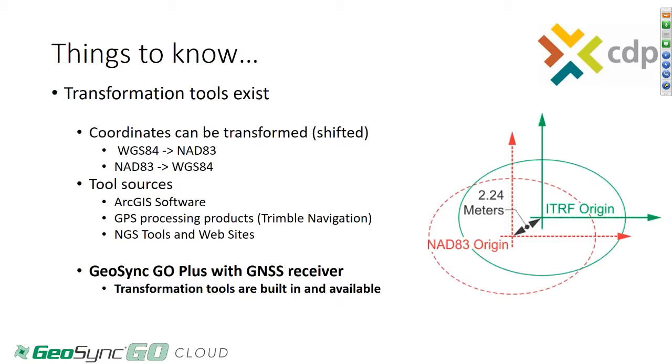Not all mobile software has that option. So if you're using a different mobile software collection platform, you just need to be aware of what the output is based on the type of real-time correction that you're using.